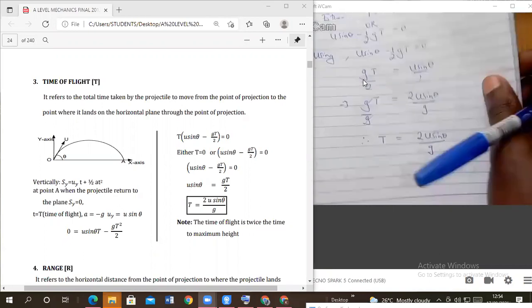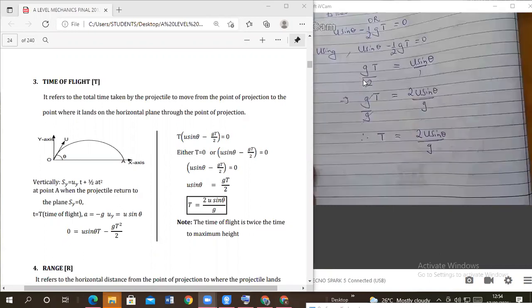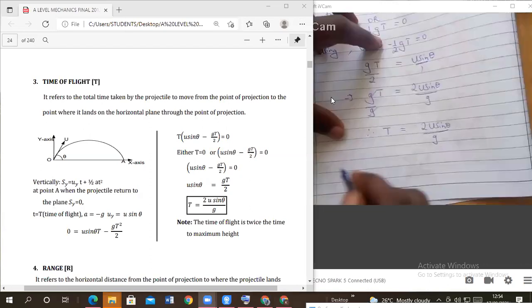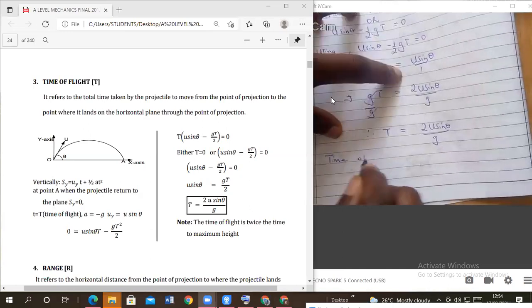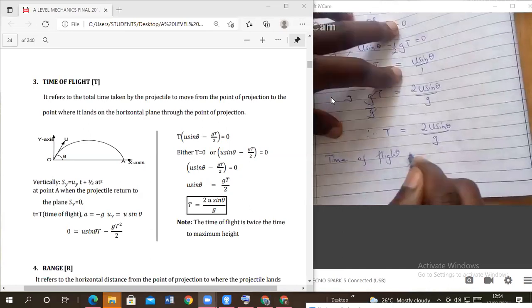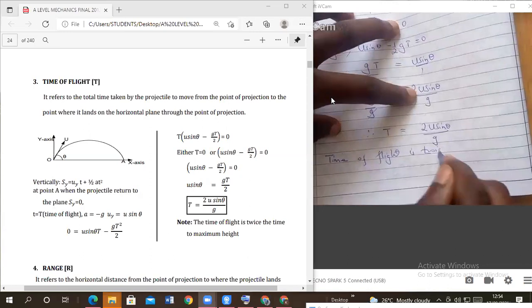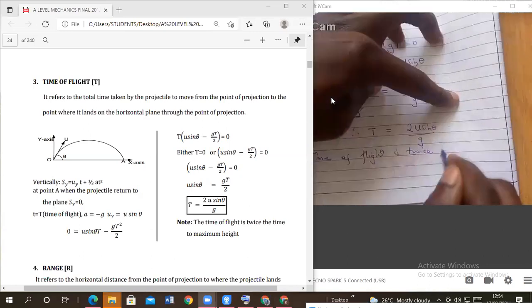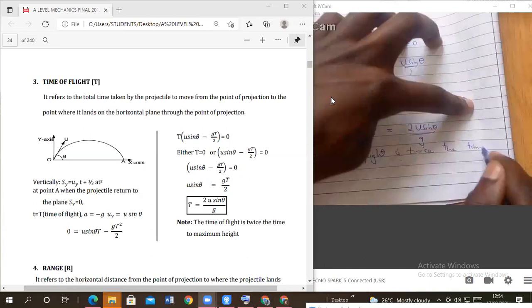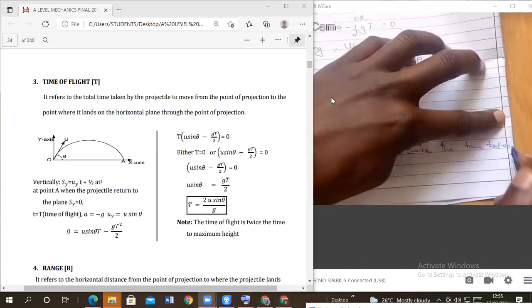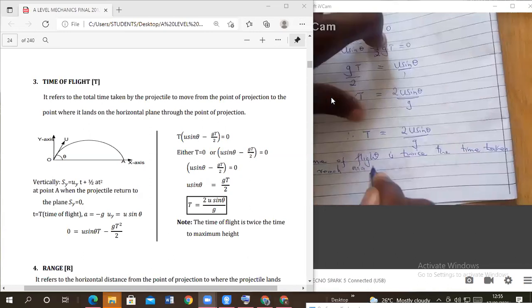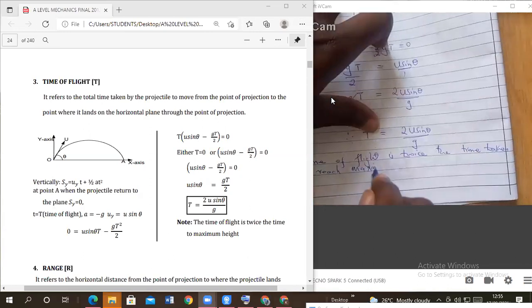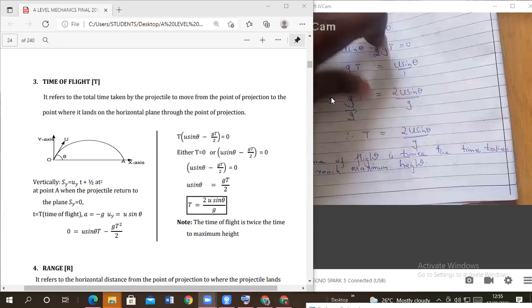So in a nutshell, time of flight is twice the time taken to reach maximum height.